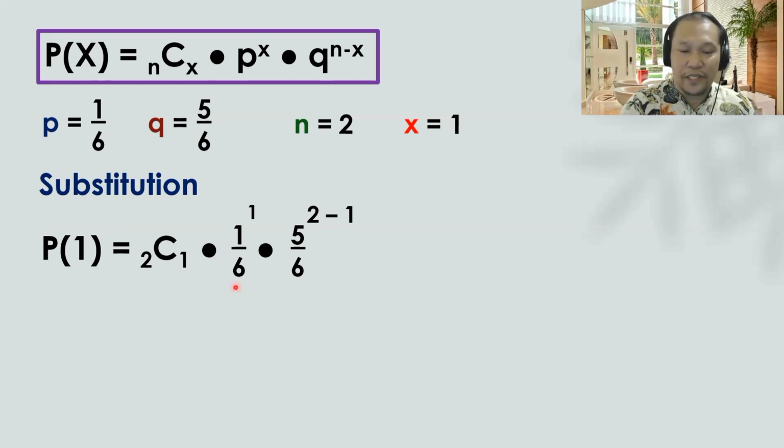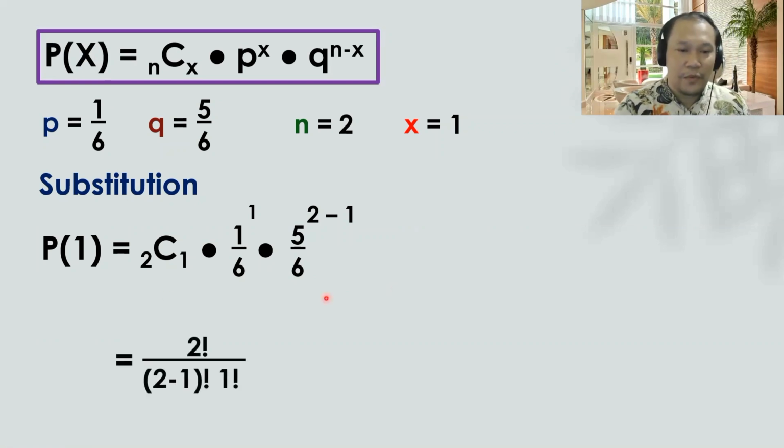We have 1 over 6 raised to 1. Okay, as you can see, times the probability of failure. Okay, and then that is 2 minus 1. But remember, you always have to provide here the open and close parentheses.